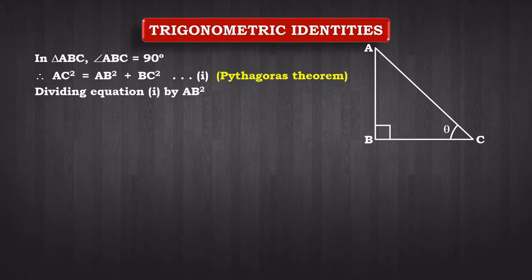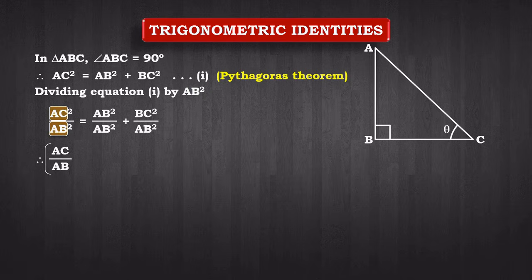This gives AC squared divided by AB squared is equal to AB squared divided by AB squared plus BC squared divided by AB squared. Since AB squared divided by AB squared is equal to 1, we get AC divided by AB, the whole squared, is equal to 1 plus BC divided by AB, the whole squared.